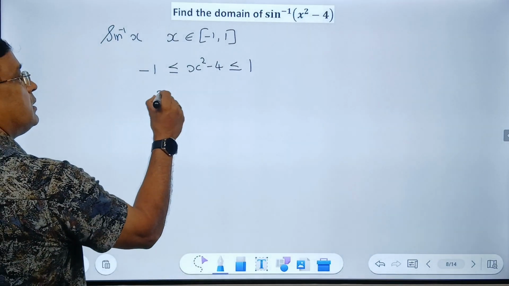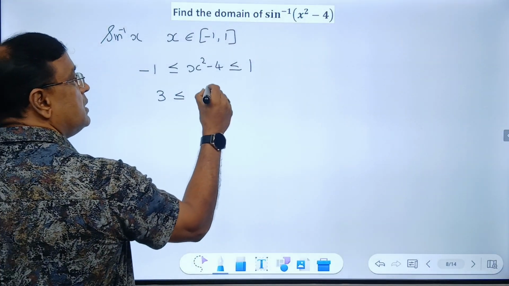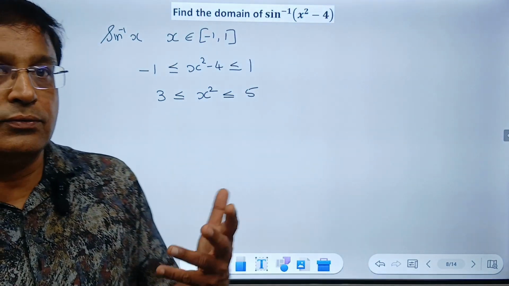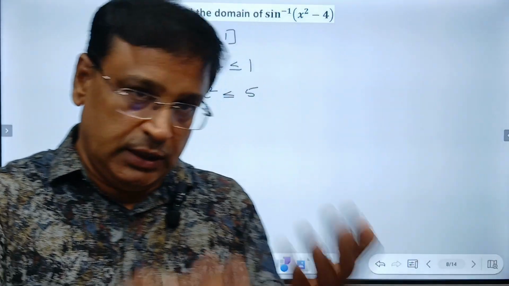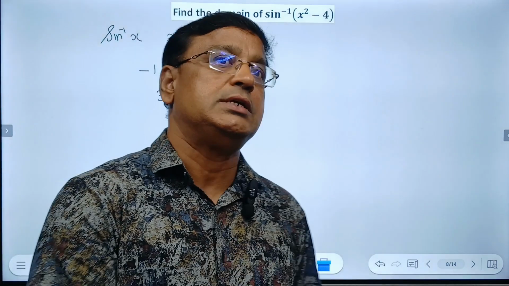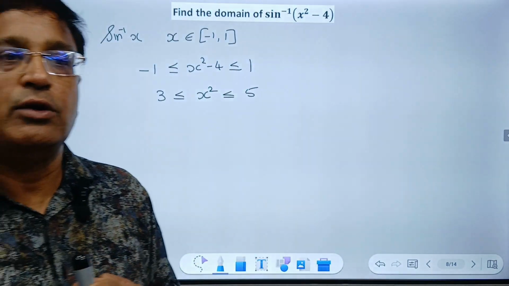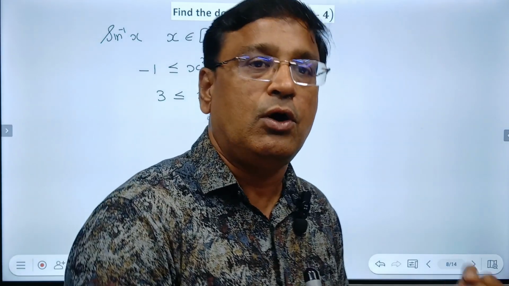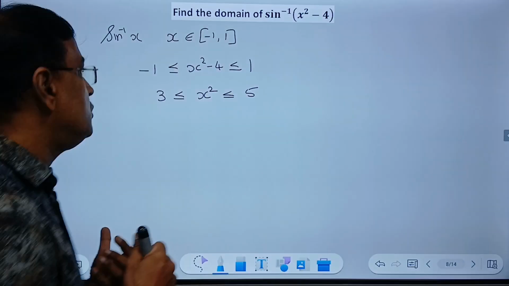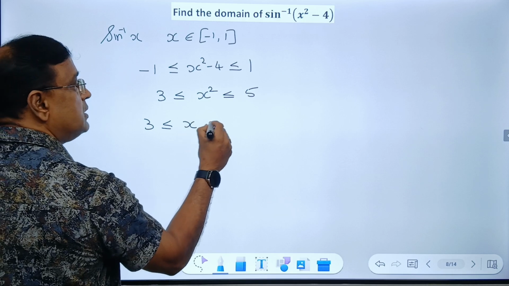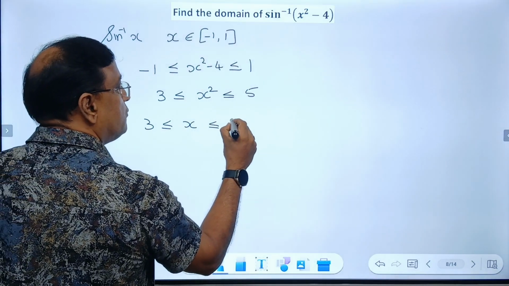So you get 3 less than or equal to x square less than or equal to 5. Square is a problem. Inside it has positive numbers as well as negative numbers. So we have to be very careful when taking square root because you will have plus or minus. So first I'll take all the positive square roots. It will be root 3 less than or equal to x less than or equal to root 5.